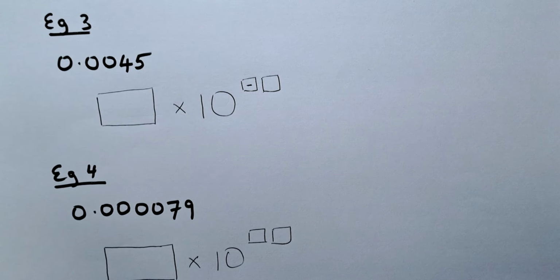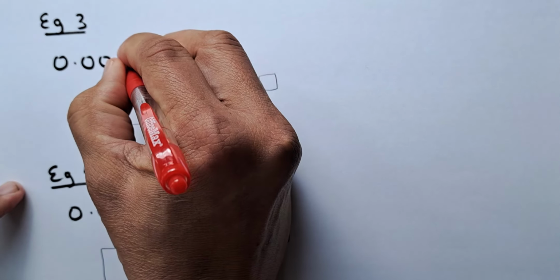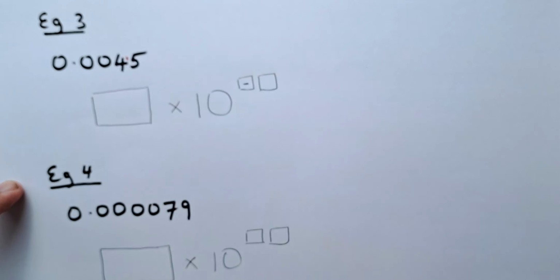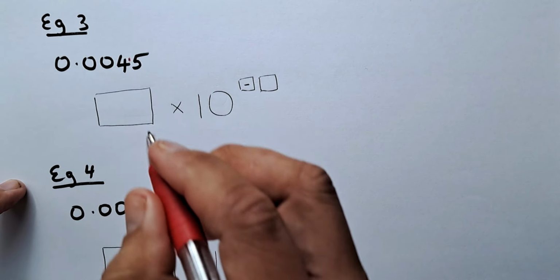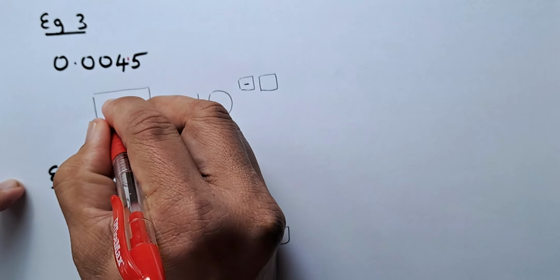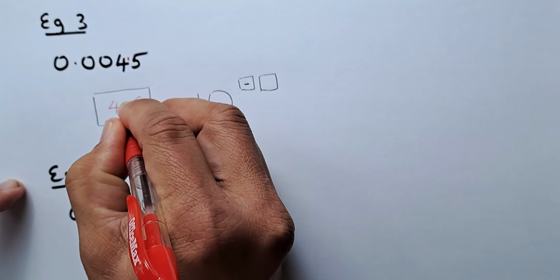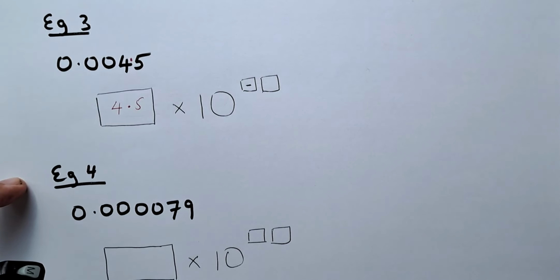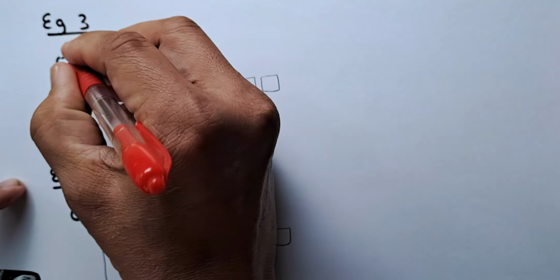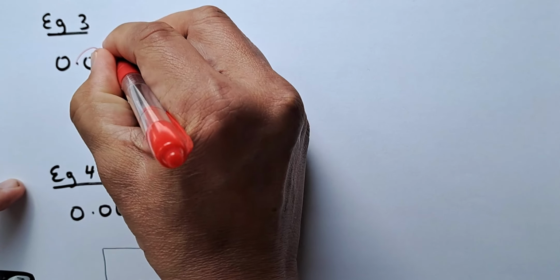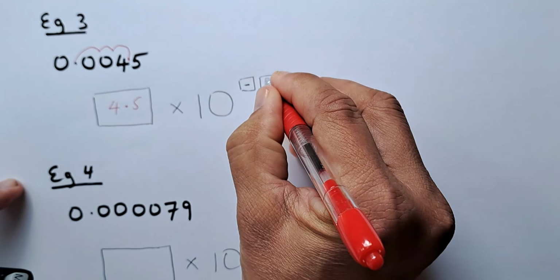We have to make the number between 1 and less than 10, so we have to move the decimal point here. The number is going to be 4.5. Then we see how many times we moved: 1, 2, 3. So it's going to be negative 3.